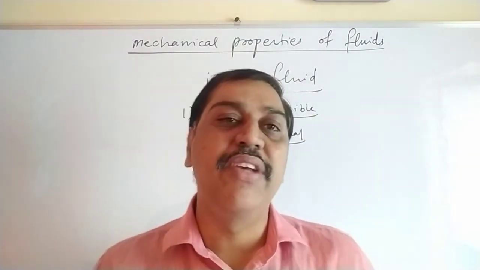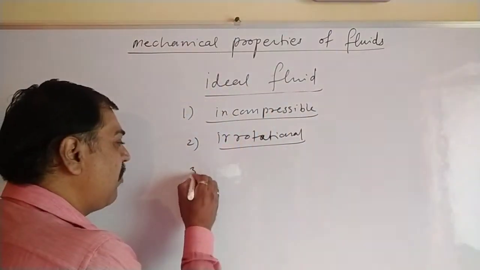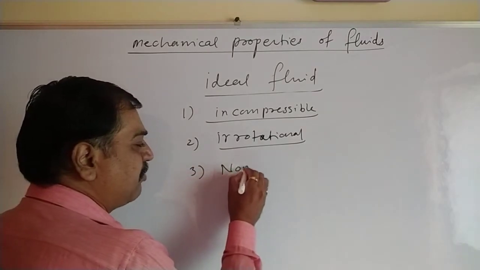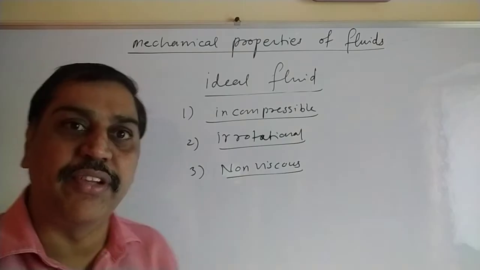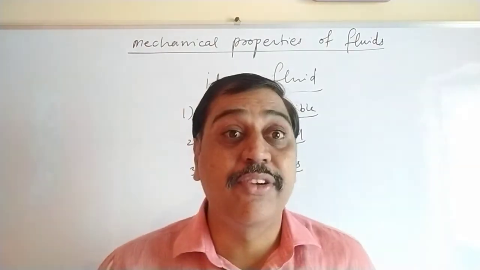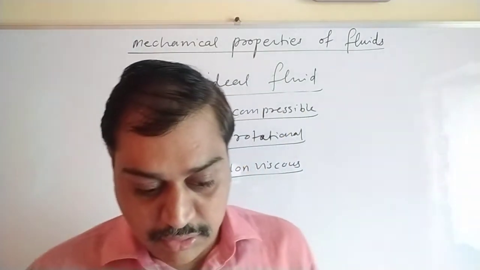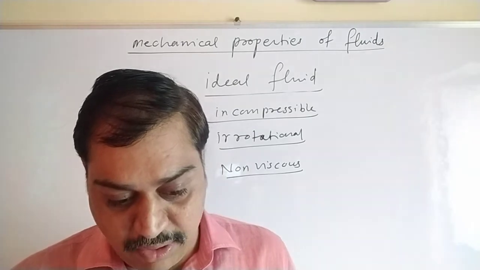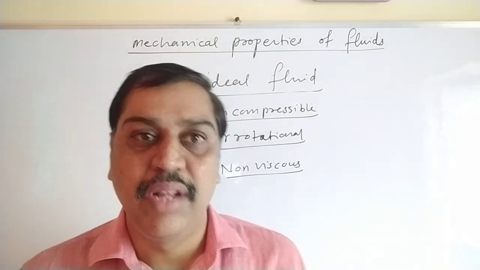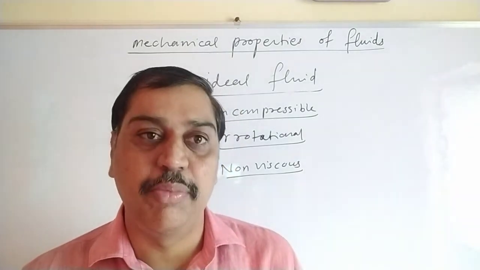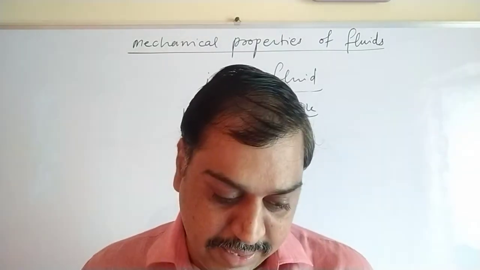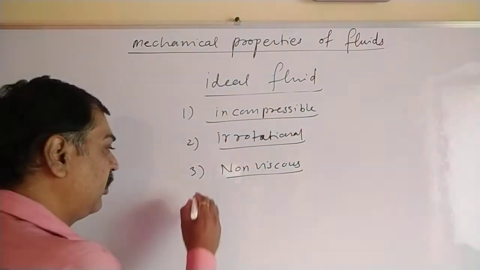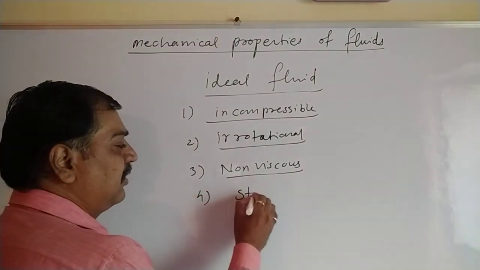The third one is non-viscous. What exactly does non-viscous mean? It means the viscosity of the fluid is zero, or the fluid doesn't have any viscosity. That is said to be non-viscous. And the fourth property is steady.